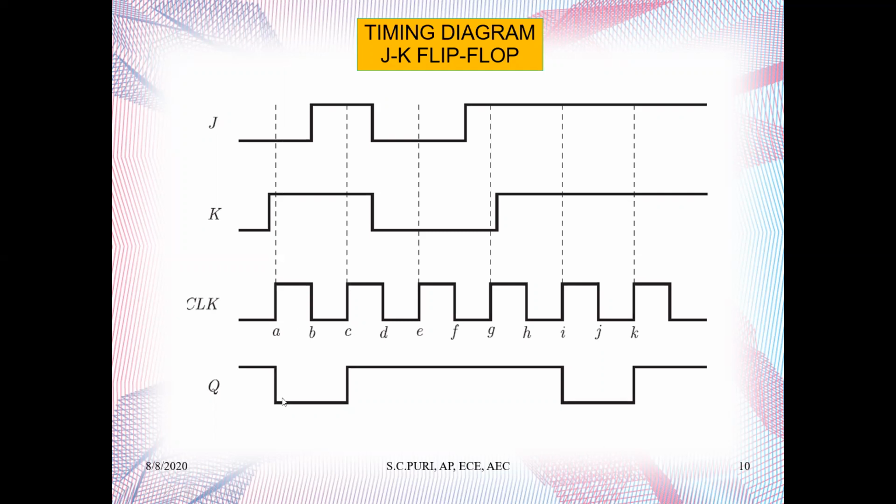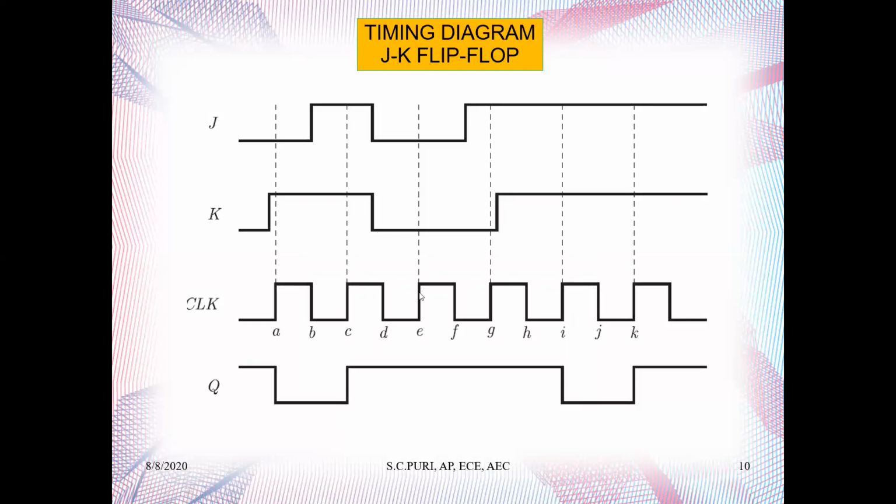It will retain it till the next positive edge, which is here. It will look for inputs at this point. It will see J as 1 and K as 1. That means it is a toggling condition. Whatever was there, it was 0 here, so it will toggle, it will go back to 1.